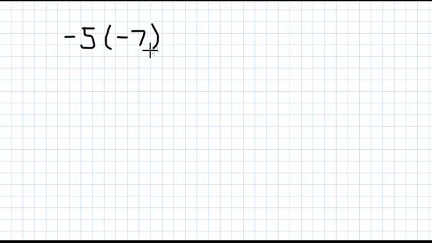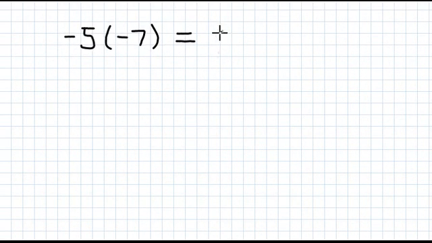Okay, so we're going to switch gears here and talk about multiplying integers together. And let's just start with something simple. Now, we've kind of already been doing this, but kind of not. So we have two negative numbers, and when we multiply two negative numbers together, we get a positive number. So this is negative times a negative, right?